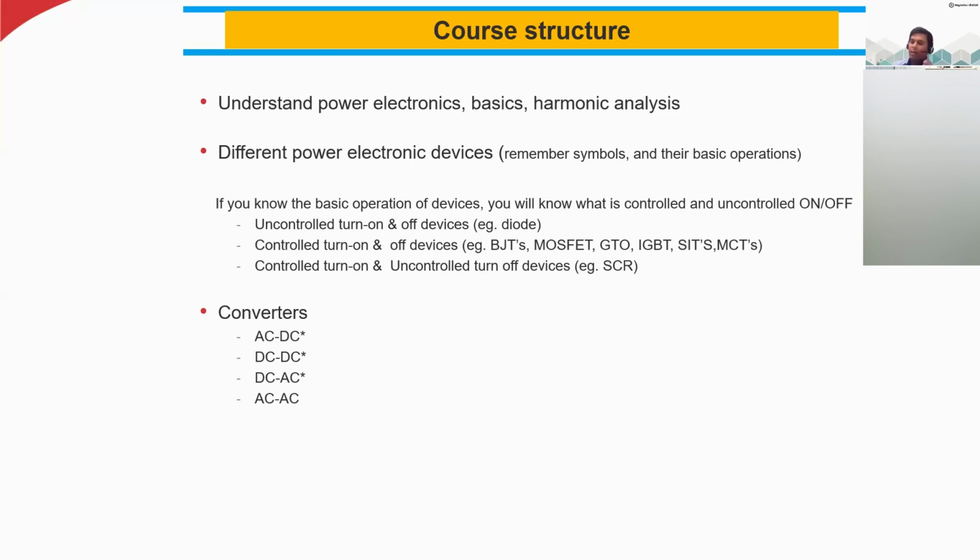So we need some kind of conversion circuit between the plug point in the home and the load, that is your mobile phone or laptop or whatever application you are going to use. So this converter circuit will convert and control the power flow from the source to the load. We will see the detail now.